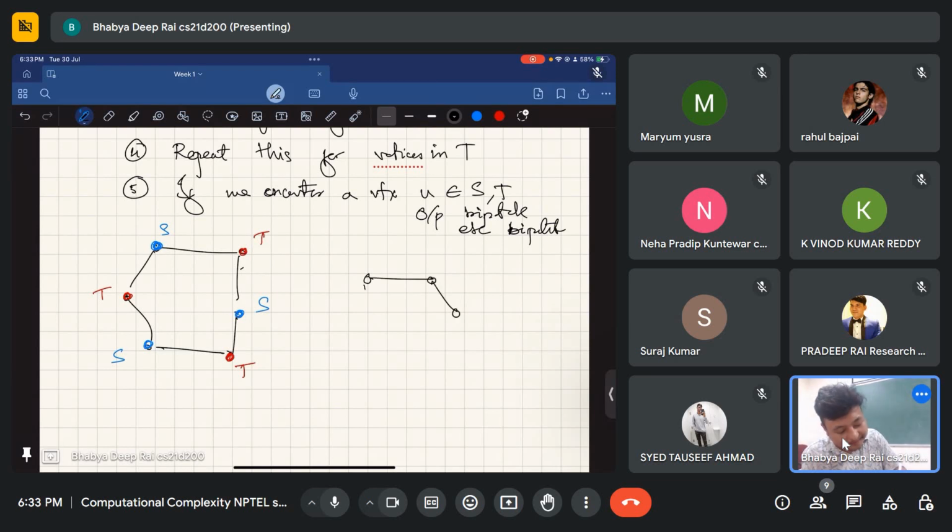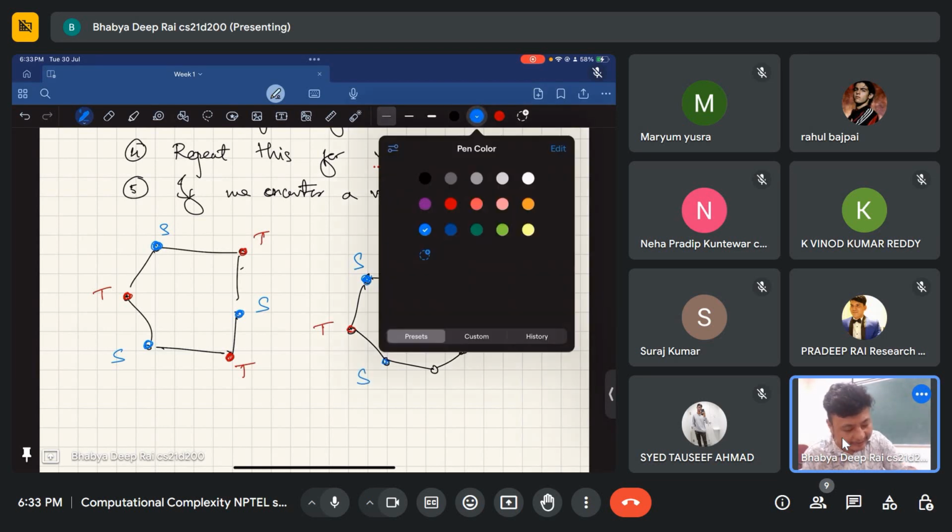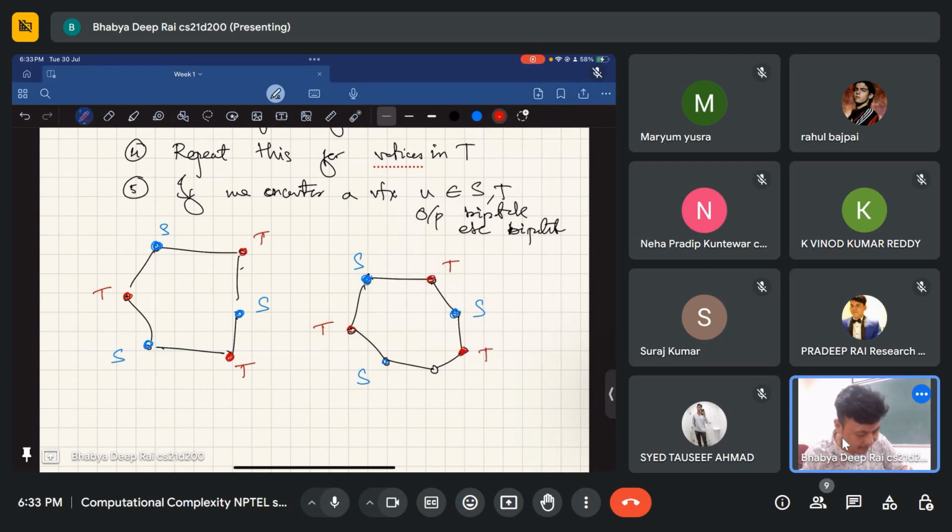A non-example would be like this. You pick a vertex in S, its neighbors you put in T, and their neighbors you put in S, and then S's neighbors you put in T. Now T's neighbors you put in S, and this guy belongs to T, so its neighbor should be in S. So this guy I should be coloring blue.